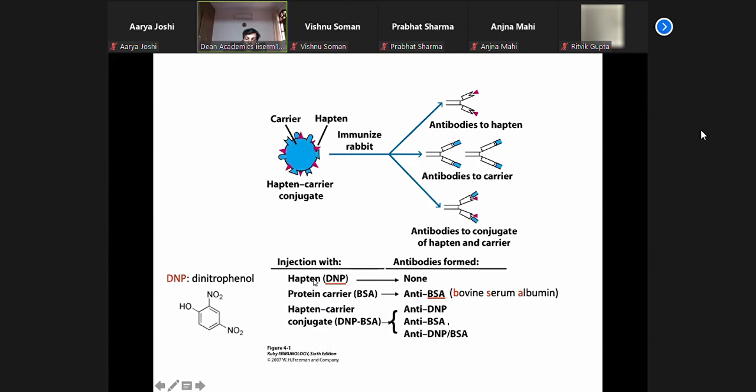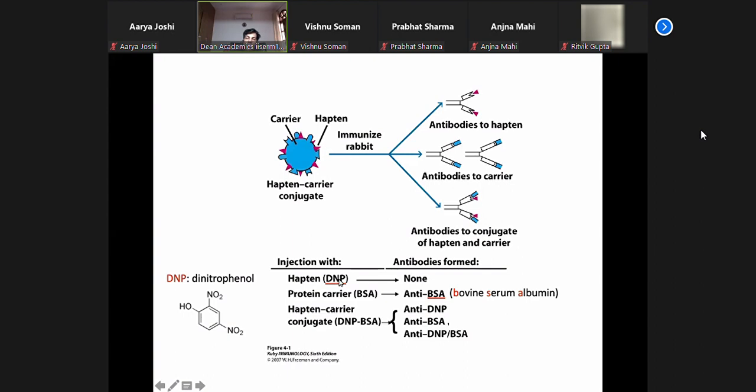So now you know that hapten as such won't be able to induce these antibodies. But by this approach, if you have generated these anti-DNP antibodies, you can collect the serum sample from the immunized rabbits, which were given hapten and this carrier protein, and find out whether anti-hapten antibodies are formed.